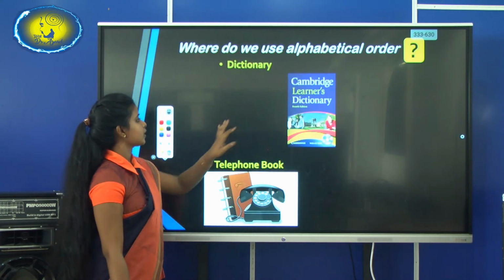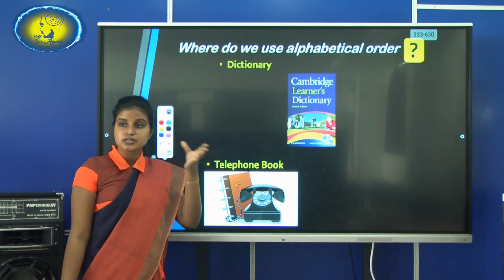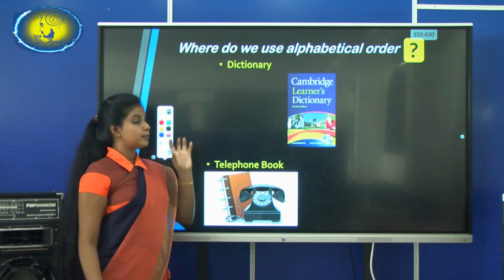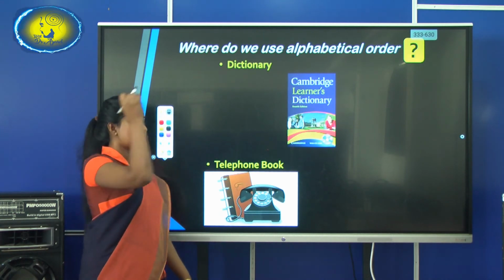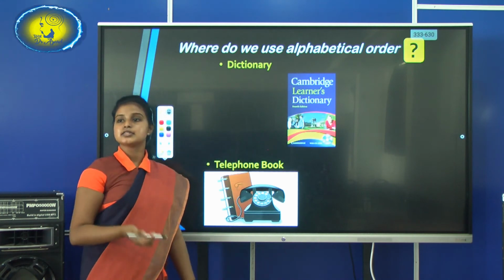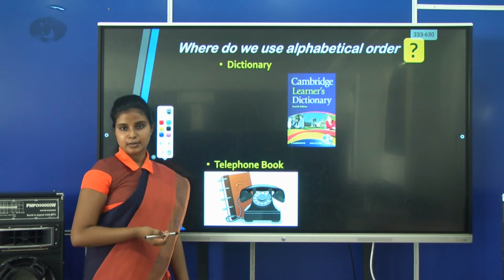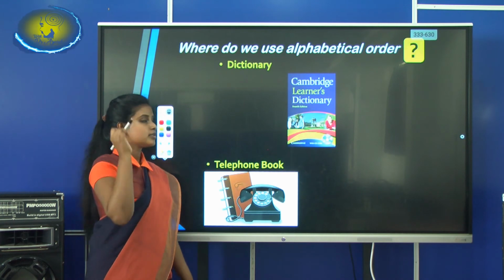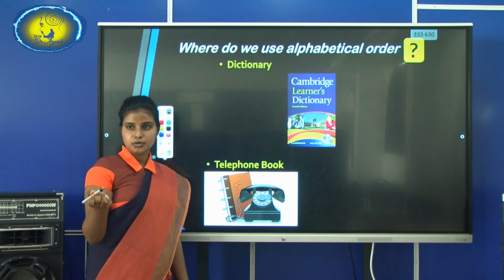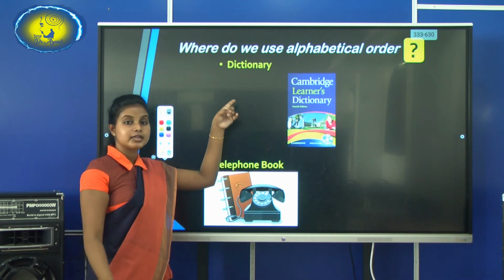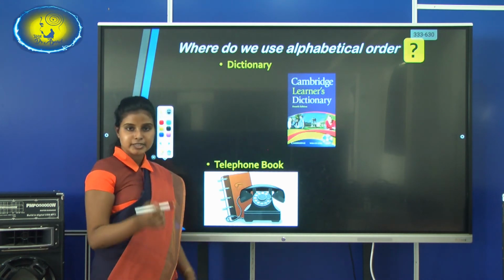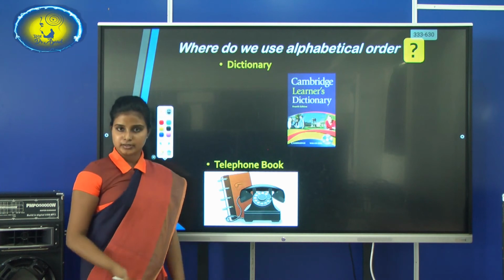So, when somebody asks you to find a particular word, if you have knowledge of alphabetical order, it's very easy for you to find the word.